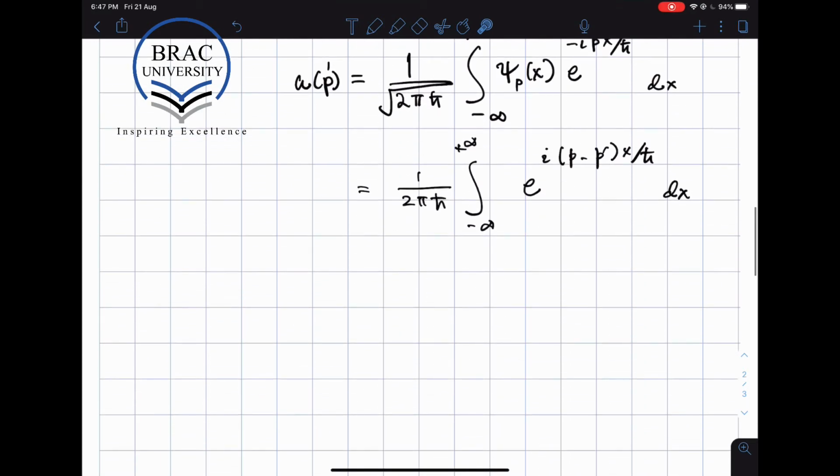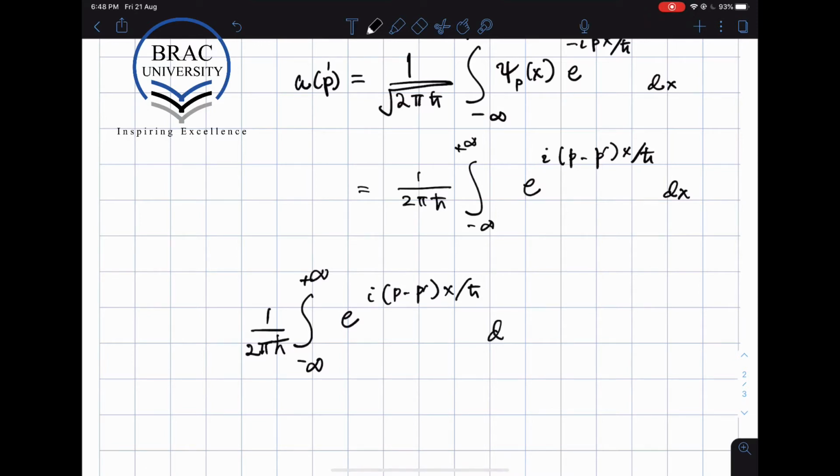So therefore, we should demand that whenever p is not equal to p prime, this should be 0.